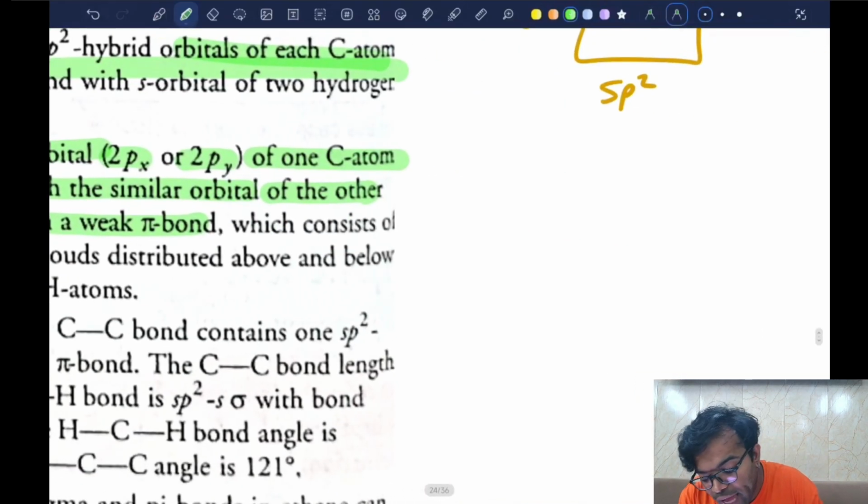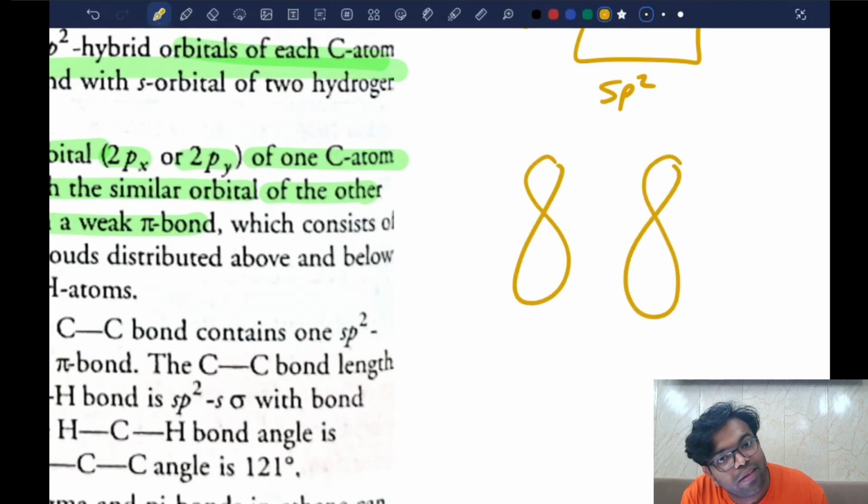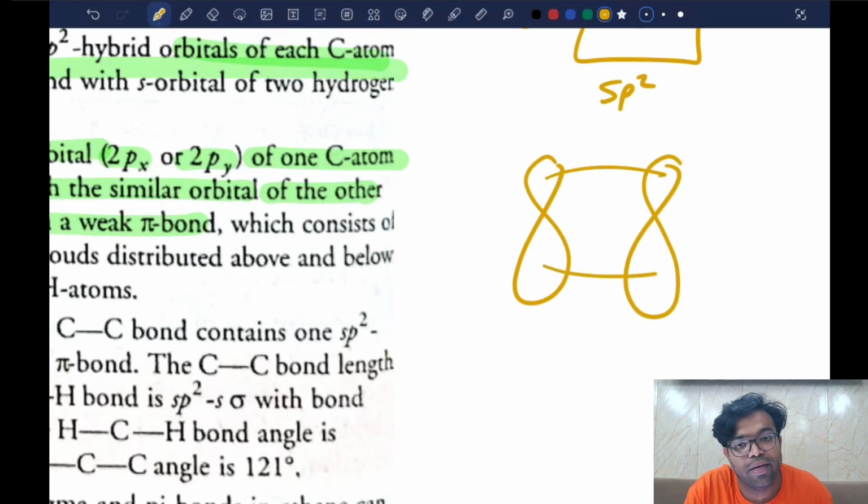Now, Drupad, again, I'm going to tell you this. You may say that, sir, there is an overlap here and there is an overlap here. This is not two different overlaps. This is one single overlap that takes place between the two p orbitals. Understood? So there is not a triple bond that is being formed here.